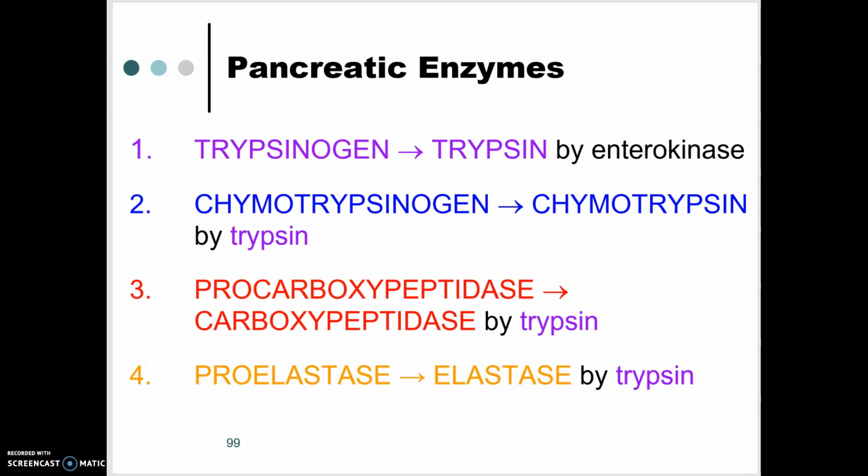So, when we look at the proteases from the pancreas, we're going to talk about 4 different enzymes, and like I said, they're all secreted as proenzymes. So the proenzymes are going to be trypsinogen, chymotrypsinogen, procarboxypeptidase, and proelastase. So all of those compounds are going to be secreted by the pancreas.